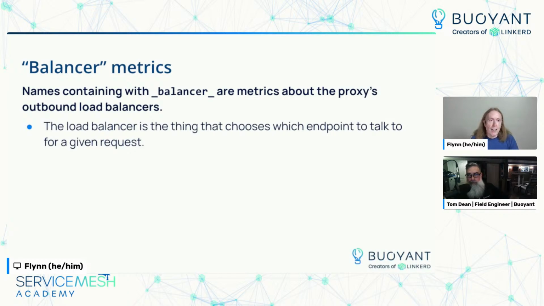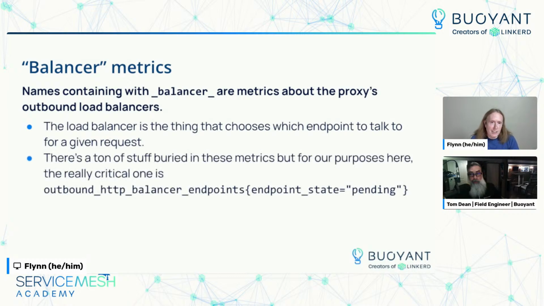There are a lot of balancer metrics. We're not really going to get into these too much in this talk because we could literally do an entire session just on load balancer metrics. Yeah, there's two main categories. Adaptive is the advanced load balancing, and then P2C is power of two choices. If you want to Google that, it's based on that algorithm, and that's what comes in all Linkerd.